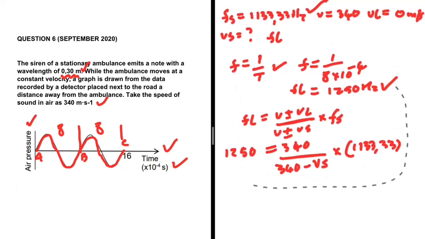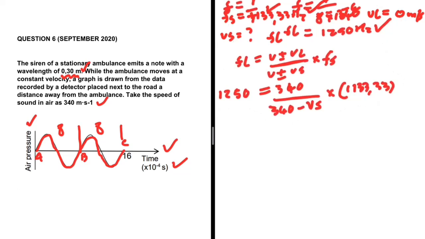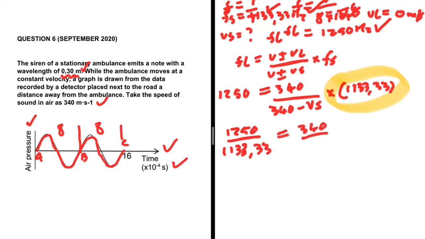Now it's just a matter of solving the mathematics behind it. I'm doing that because I'm running out of space. So let's go ahead and divide both sides by this number. If we do that, we're going to have 1250 divided by 1133.33 equals 340 divided by (340 minus VS).